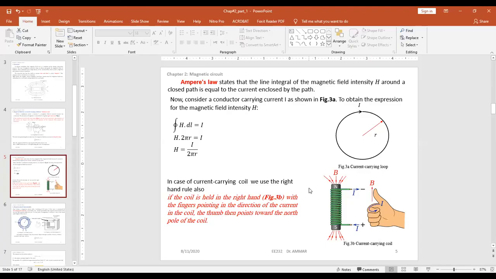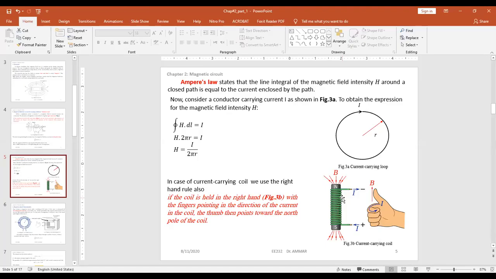Now in the case of a coil, we can also determine the direction of the magnetic field. We can determine it using the right hand rule too, but in this case it is a bit different.